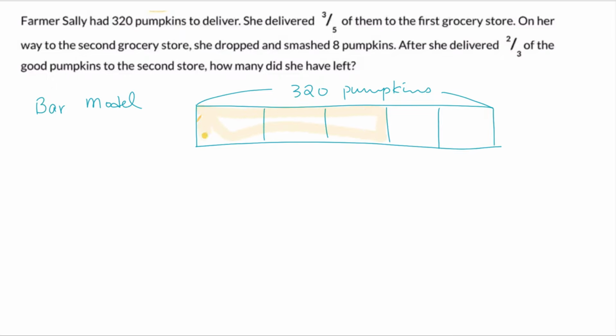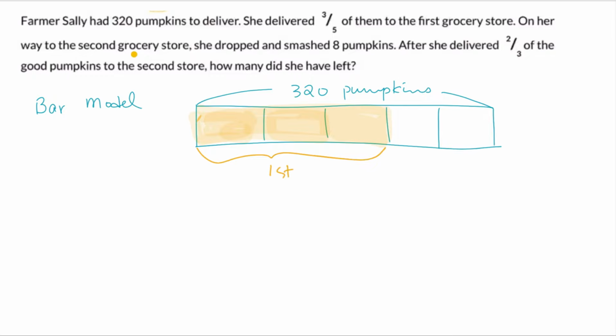Here, this shows 3/5, right? 1/5, 2/5, and 3/5. So total 3/5 of them to the first grocery store. So this is delivered to the first grocery store.